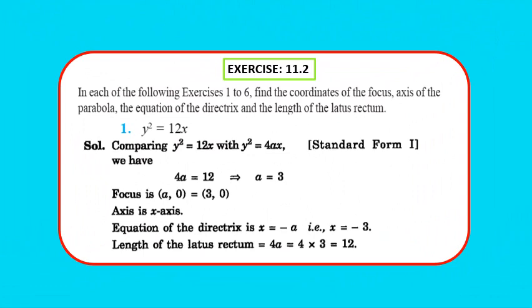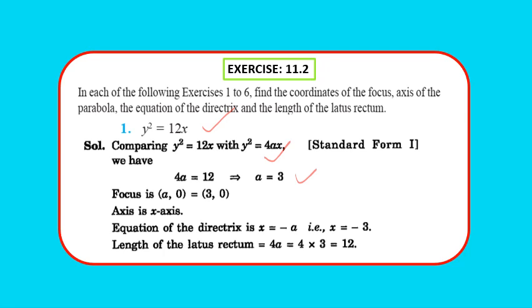So let's start exercise 11.2, and in each of the following exercises 1 to 6, find the coordinates of the focus, axis of the parabola, the equation of the directrix and the length of the latus rectum. So question 1 is y square equals 12x. Comparing this with the standard form y square equals 4ax, we get 4a equals 12 or a is equal to 3.